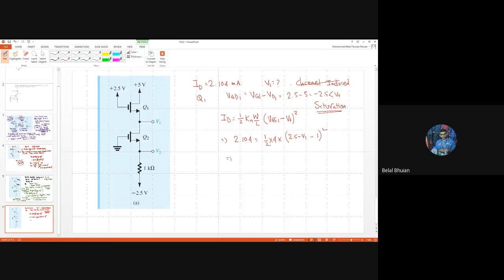From there, 1.502 equals 1.5 minus V1 whole square. So what value does 1.5 minus V1 come to? Let's see.